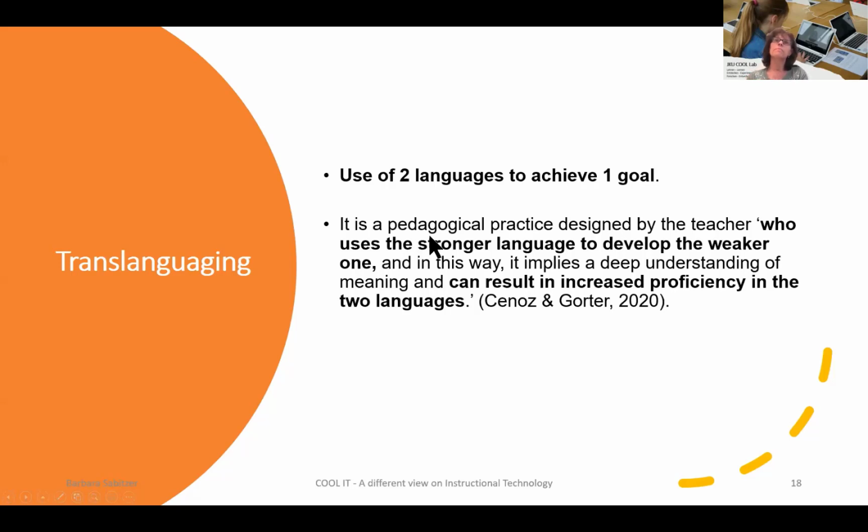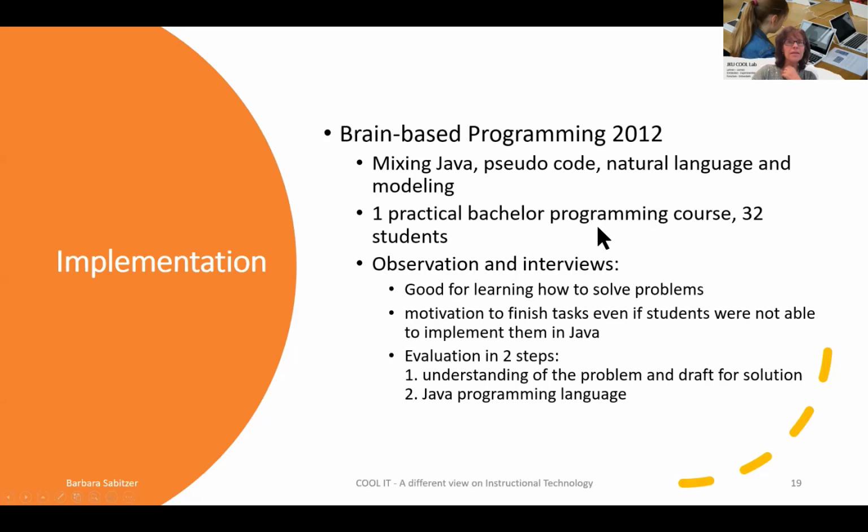I did that without knowing that this concept of translanguaging exists, in our brain-based programming project in 2012. We mixed up Java code, pseudocode, natural language, and modeling in order to describe and analyze the problem and the task they had to code.